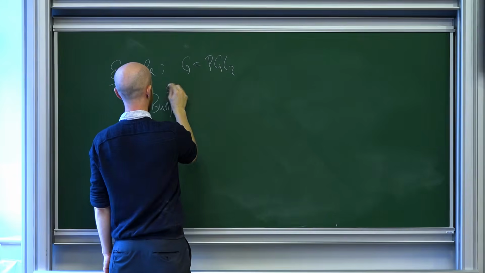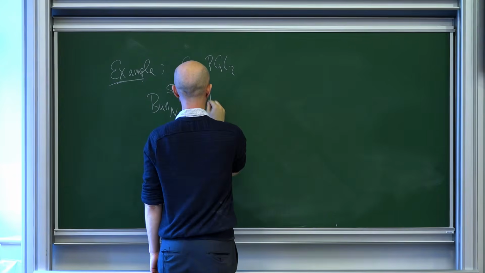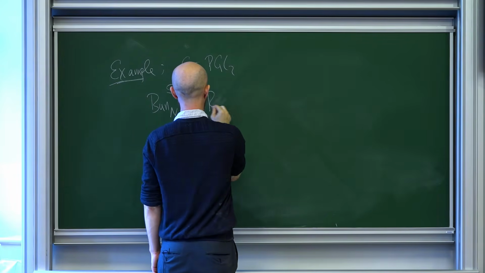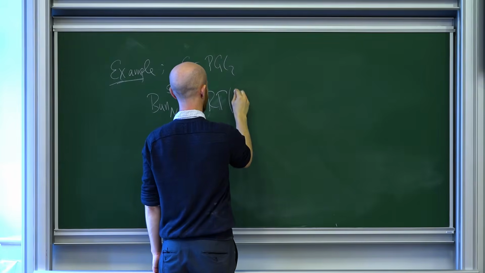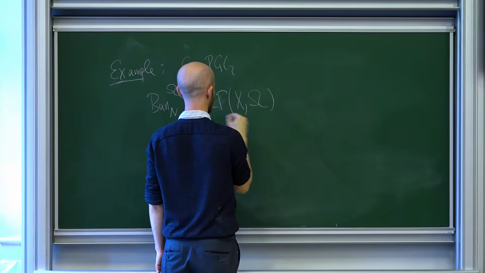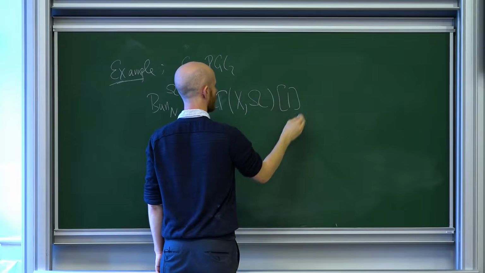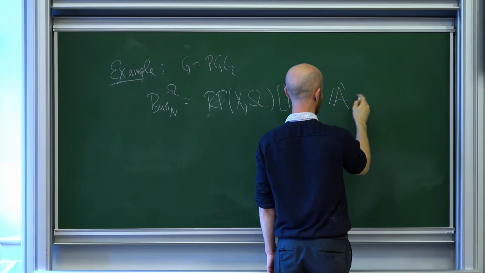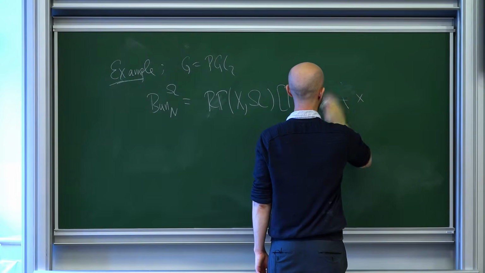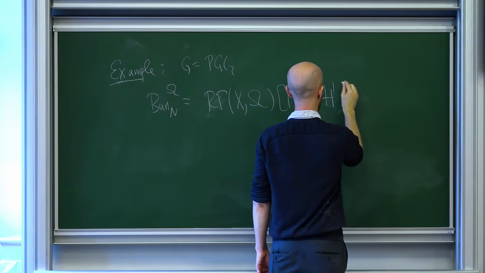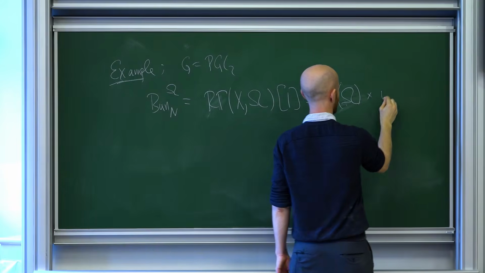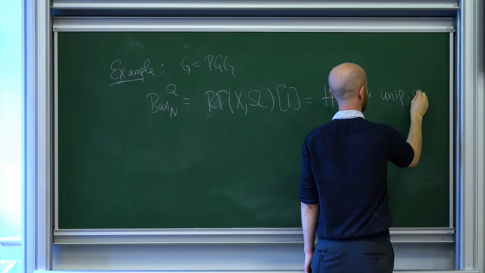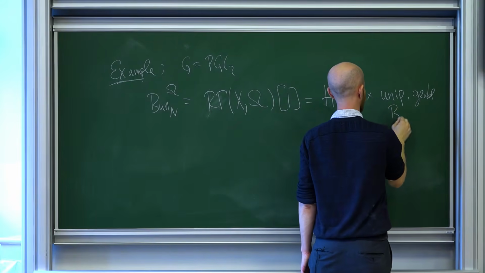Then this Bun_N^ω I explained was kind of RΓ of X with coefficients in ω with a shift by 1. And so this is some A^1. So that's sort of my H^1(ω) times some unipotent gerbe, so some copy of BG_a.